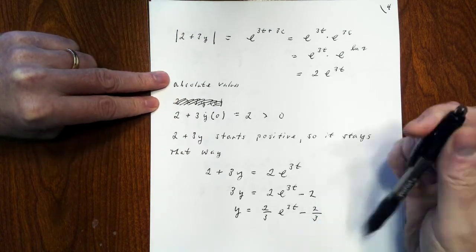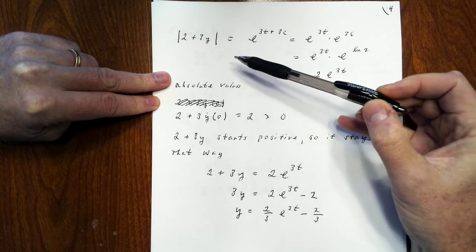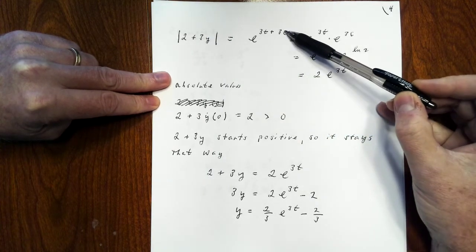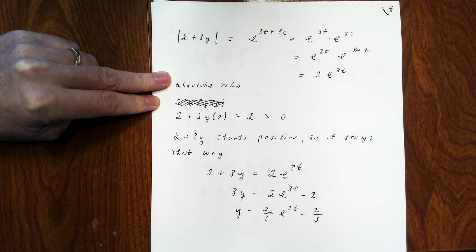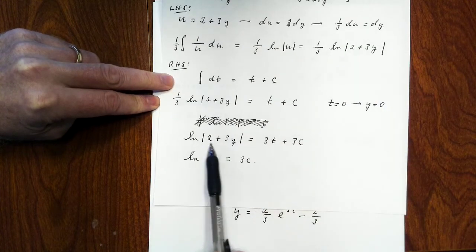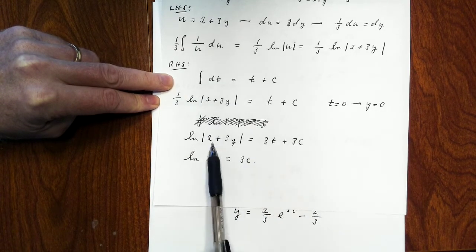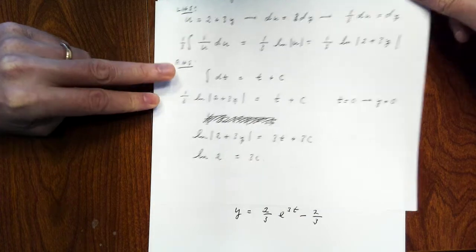So here's what we have. We have that the absolute value of 2 plus 3y equals e to the 3t plus 3c. I simply took this statement right here, and I used properties of the exponentials, and I converted this to exponential form.